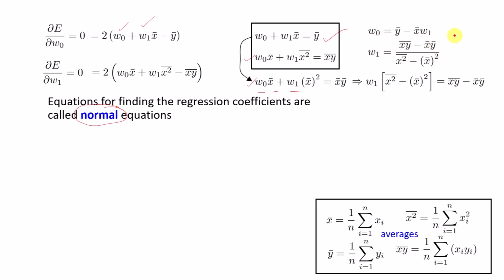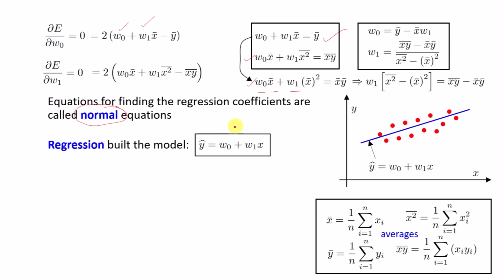W1 I have this expression. Together I now have the values of w0 and w1. These are my regression coefficients, and now I have the regression model y hat equals w0 plus w1 x.